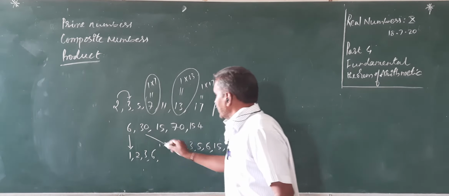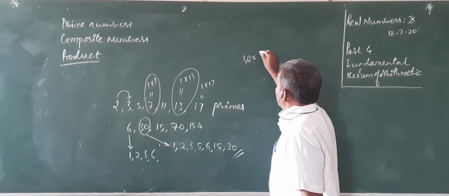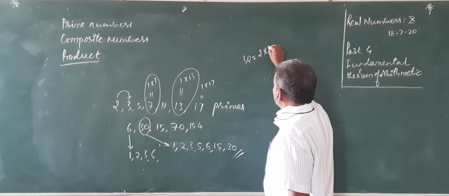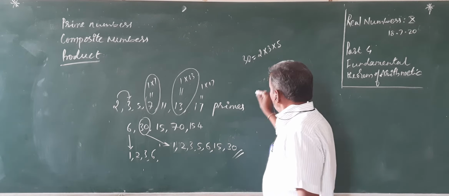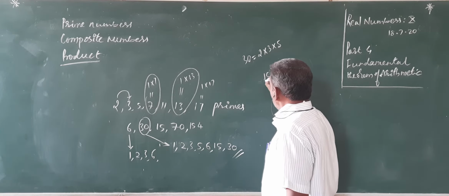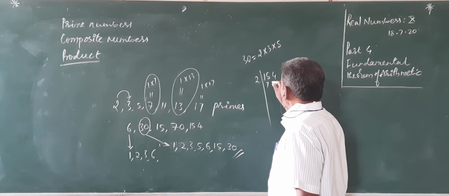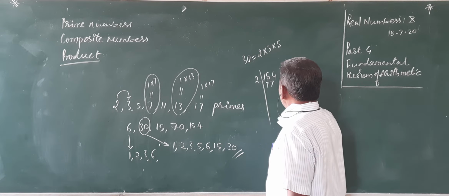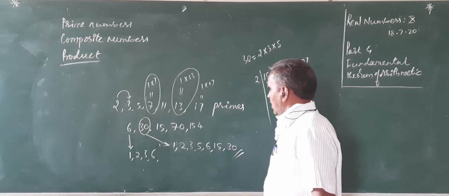So what can we write here? 30 equals 2 into 3 into 5. And 154 equals 2 sevens, it means 154 equals 2 into 77.